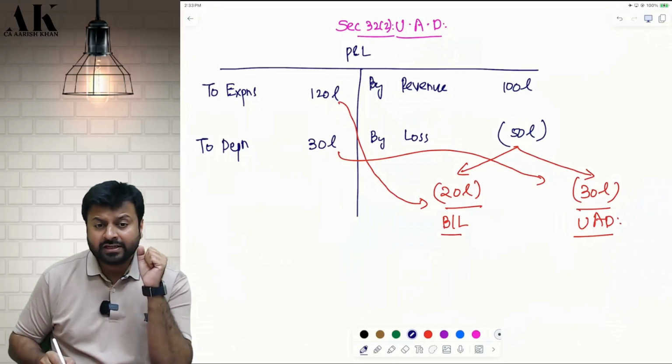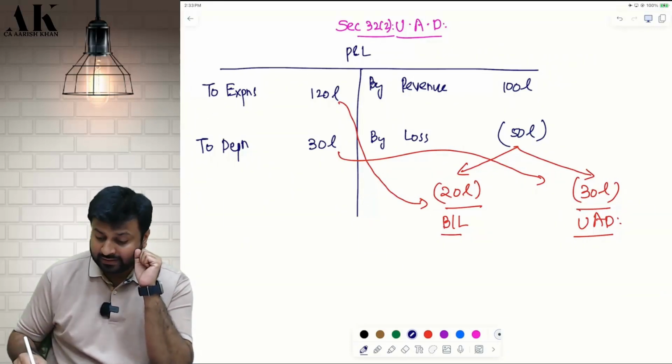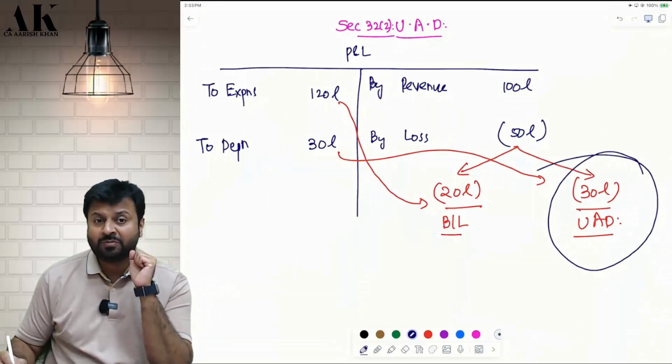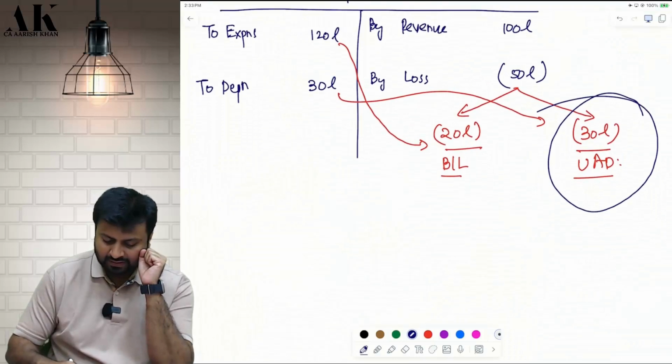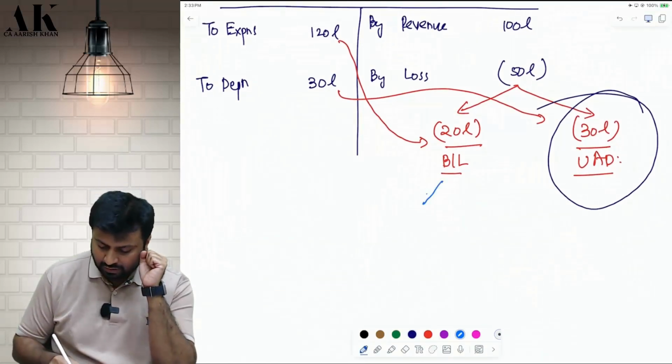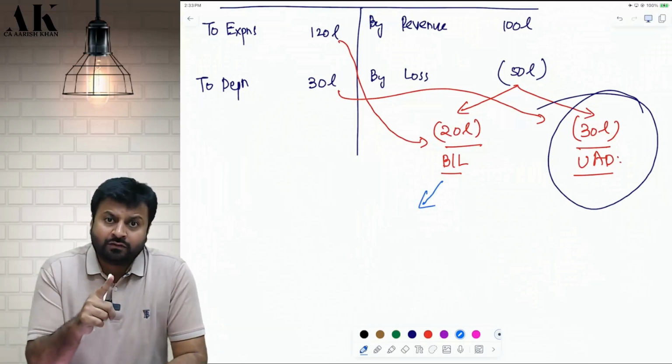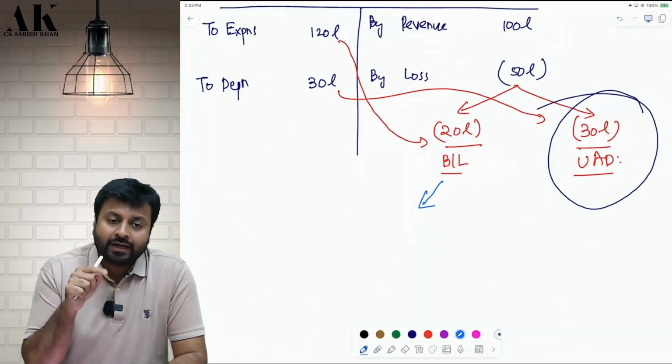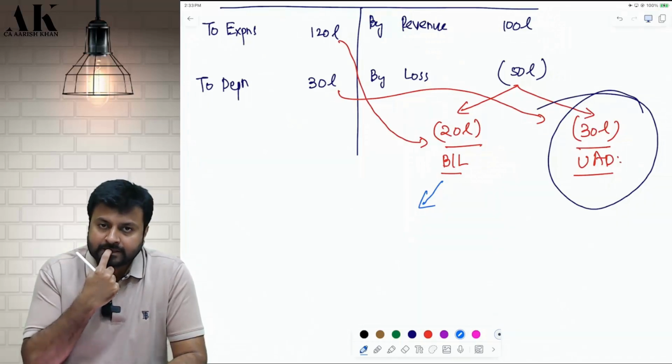Now, what is the difference in treatment? There is a great difference. This is very special. Unabsorbed depreciation is very special under income tax law. It has been given a great amount of special benefits. Business loss, first of all, can be carried forward and set off only against business income. It cannot be set off against other incomes.